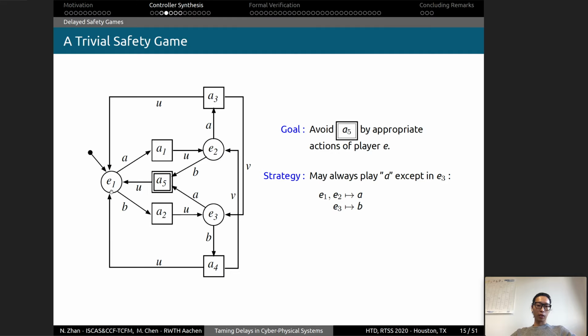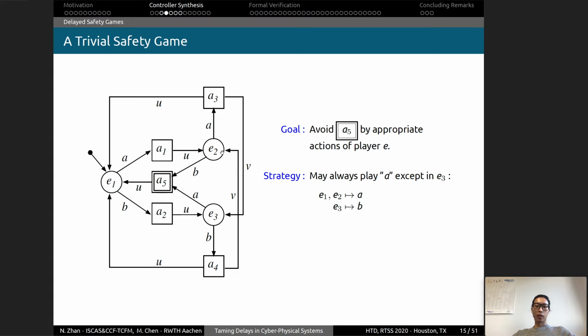For example, let's look at state E1. Choosing A leads the game to a safe state A1, and at A1, player 2 doesn't have any choice except U, so he has to choose U, and now we arrive at E2.